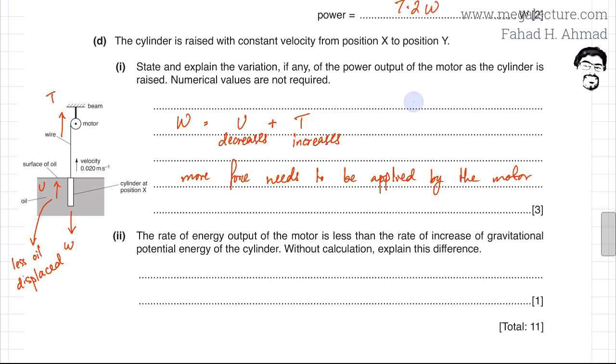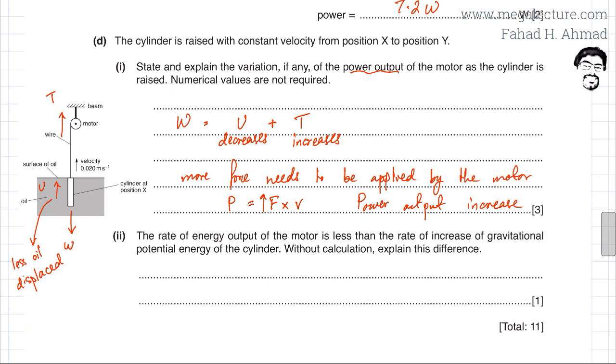So what would it do to the power output? Remember, power was force into velocity. So if you want to keep the velocity constant, the force is constantly increasing. So the power would increase as well. The power output of the motor, more power from the motor must be used. So the power output is also going to increase.